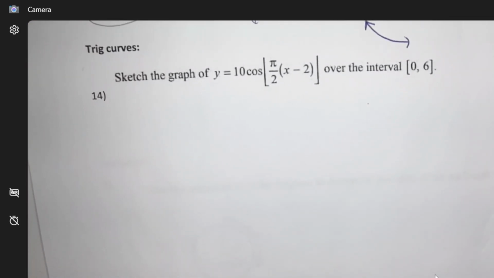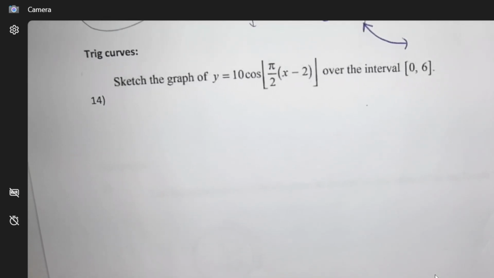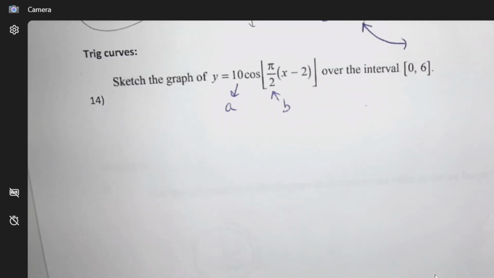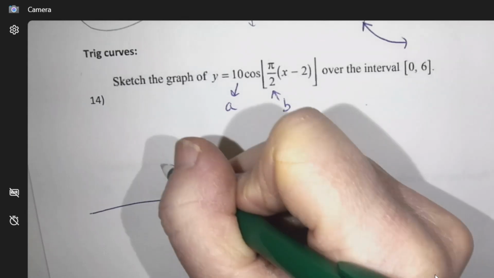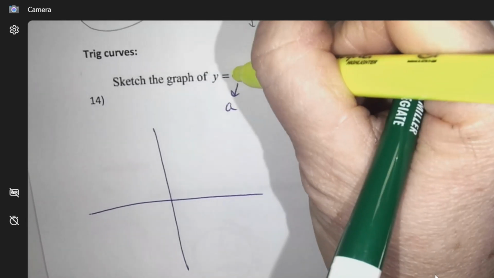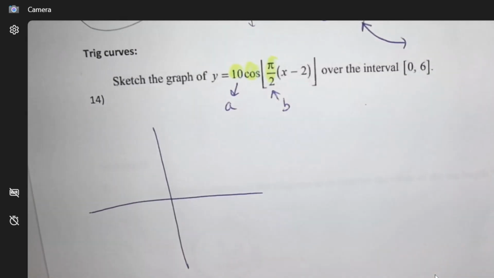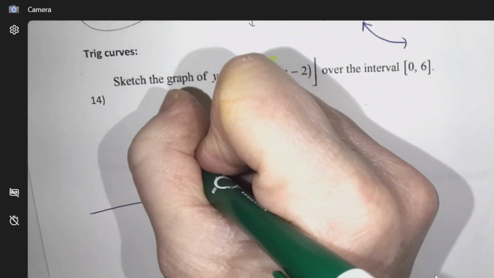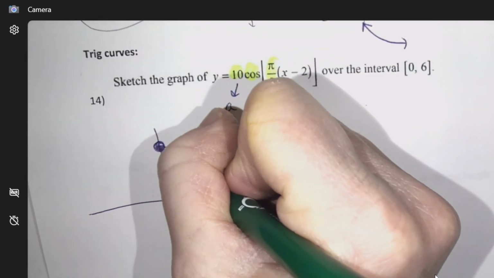Okay, let's see if we can do the last question here. I'm going to apply A and B, and cos. Okay, what does cos look like, or how does it start? Cos starts on a top.